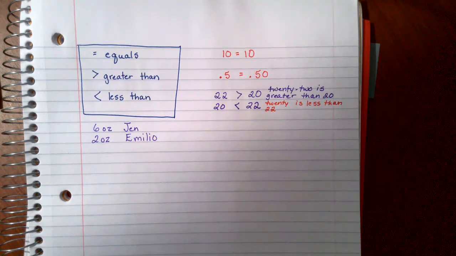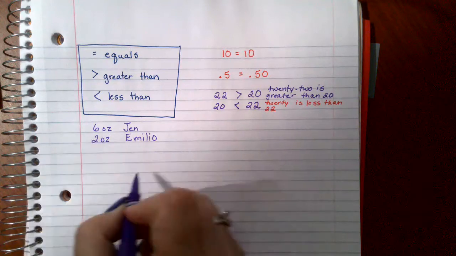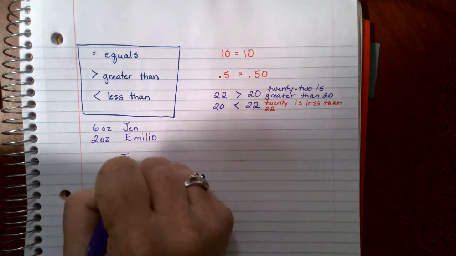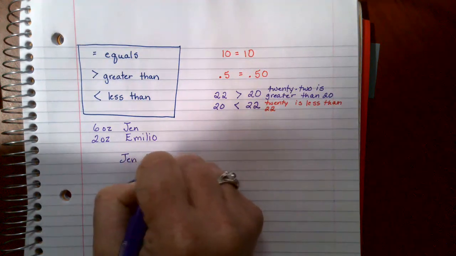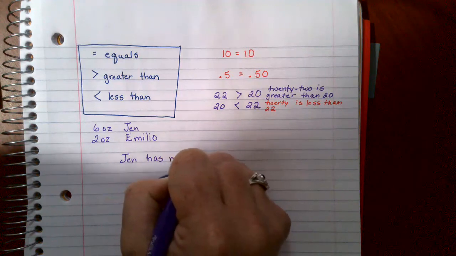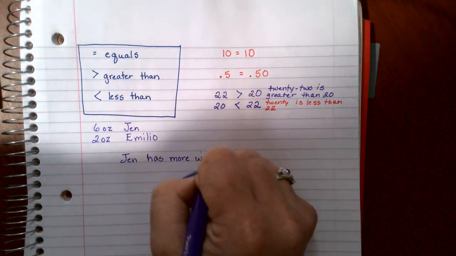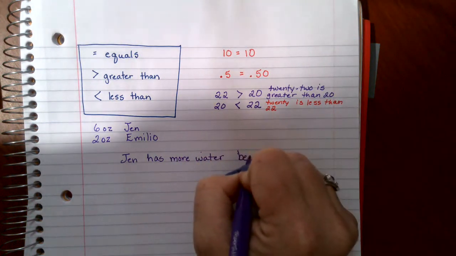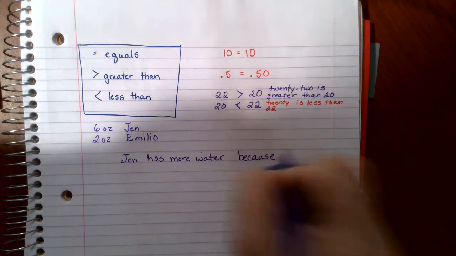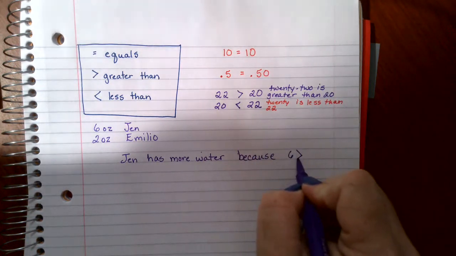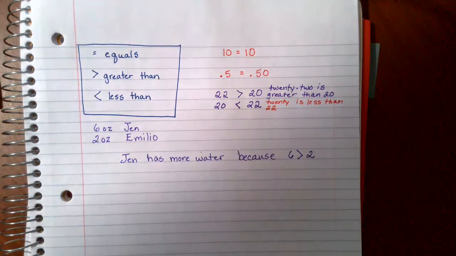Who has more water, Jen or Emilio? Jen has more water because 6 is greater than 2. All right.